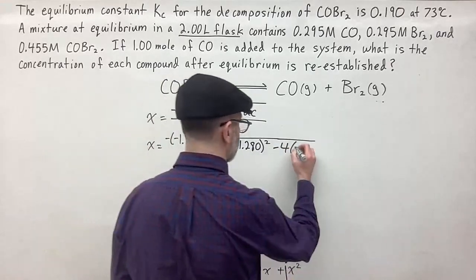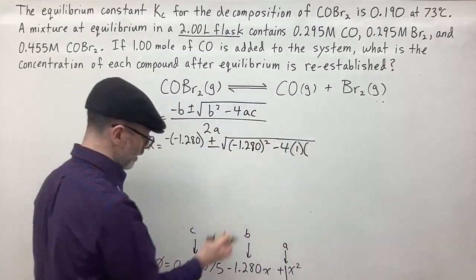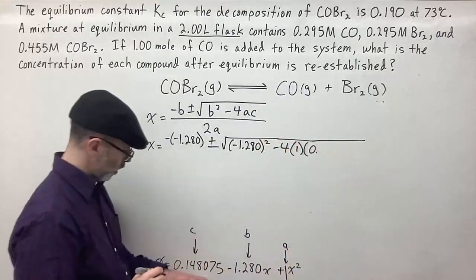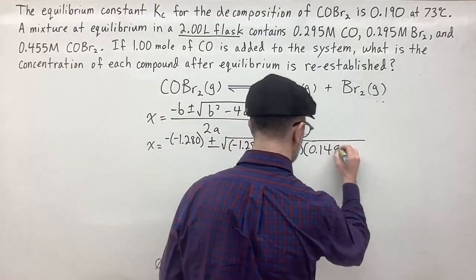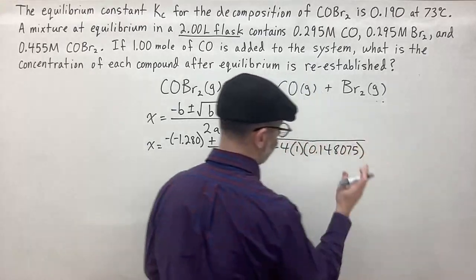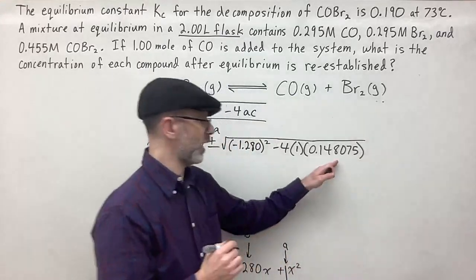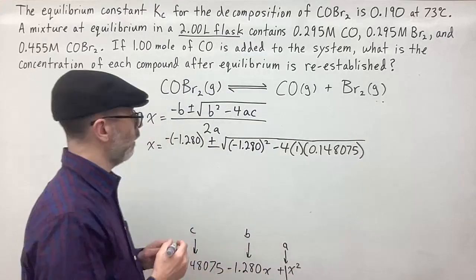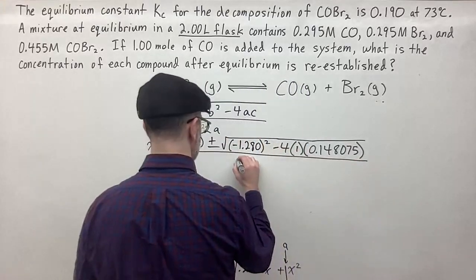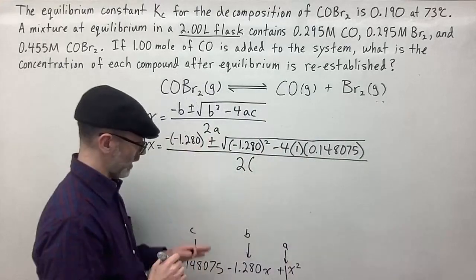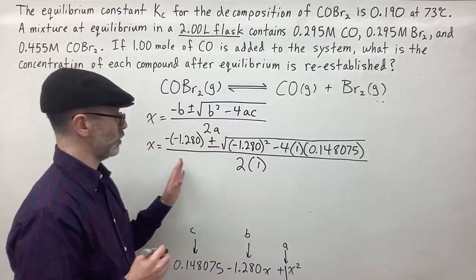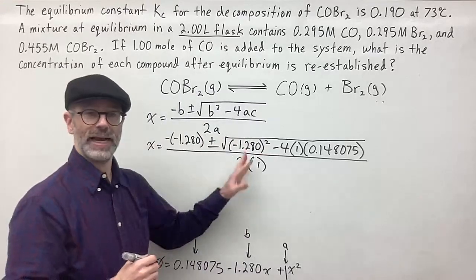So it's 4 times 1 times c. This is c, so 0.148075. Probably don't need all of those digits. 3 or 4 is probably fine, but I'm anal. And then we divide this by 2A, and A again is 1. Now all we have to do is multiply, divide, add, subtract.